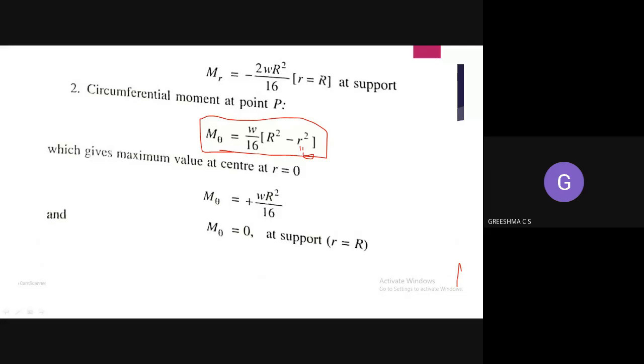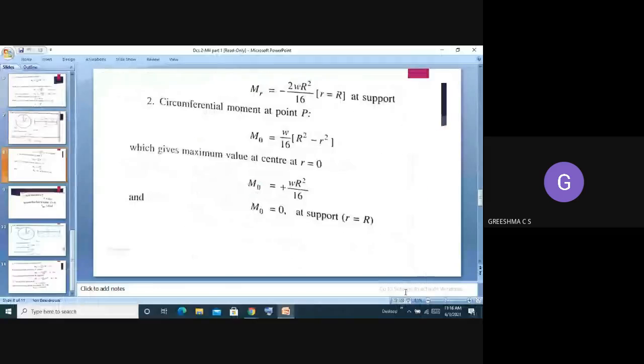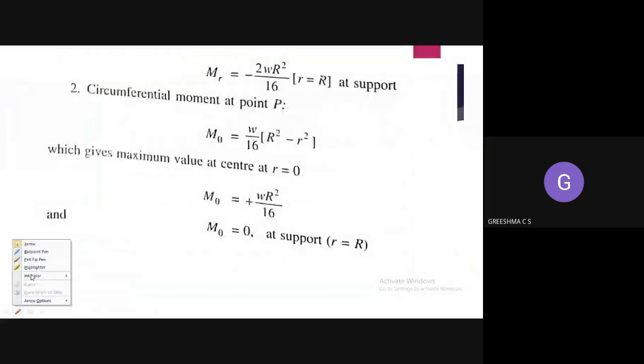To find out the circumferential moment at the supports, you have to substitute small r is equal to big R. So R square minus r square will be equal to 0, and you will get the circumferential moment at the supports as 0 for the fixed case.